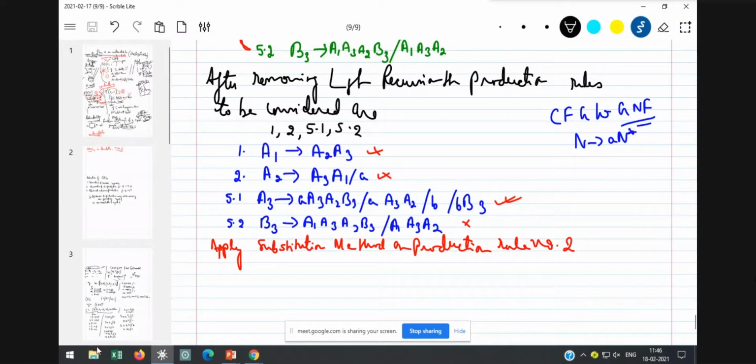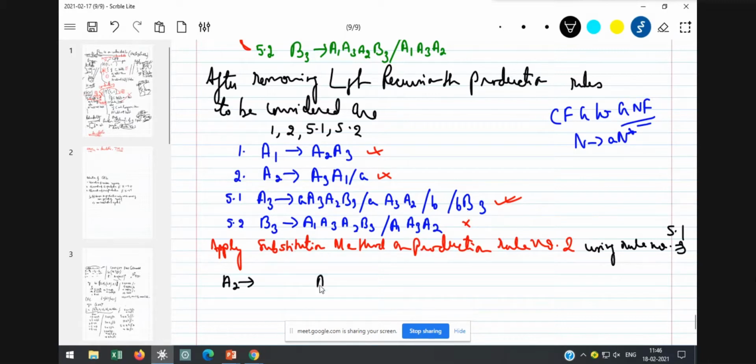Now let me write production rule number 2, using rule number 5.1. Now let me write A2 replaceable by the values of A3. How many values are there for A3? 1, 2, 3, 4.